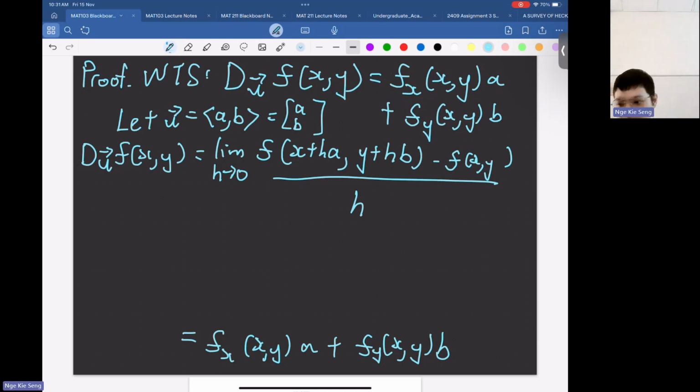Right. So 怎么去到后面这里呢？This is the question.